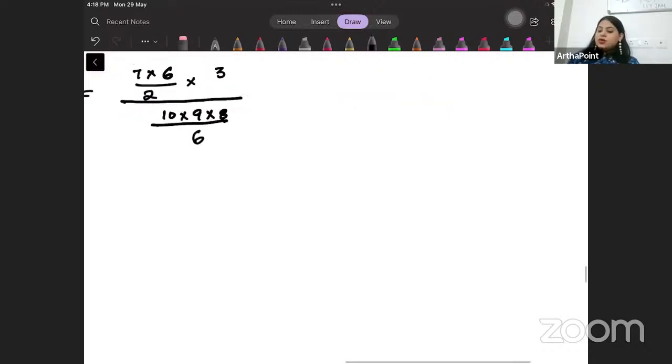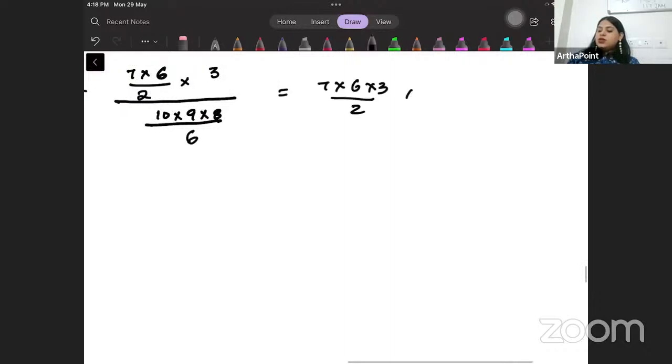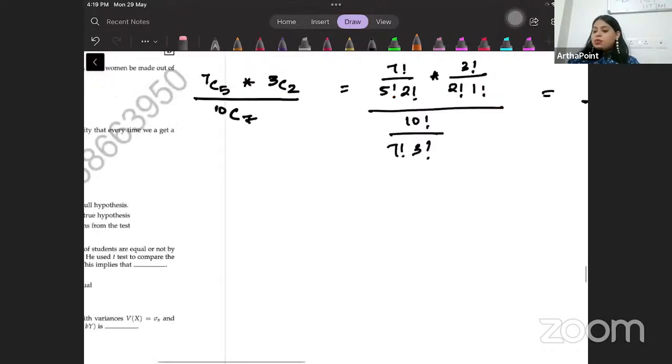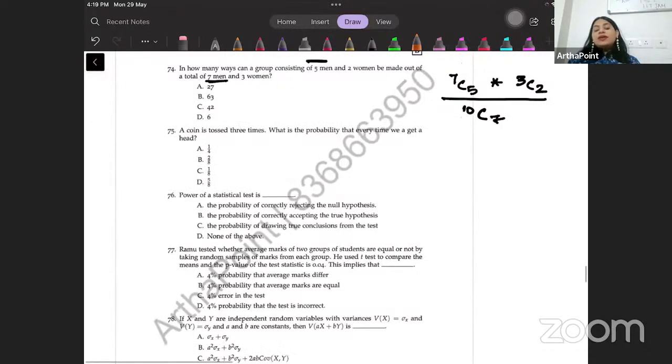This is what will happen. I'm leaving these things for you to interpret. You should be well aware of how to solve these questions better. This gets cancelled, the 3s are cancelled, the 4s are cancelled. So this will be 21 by 40. This is your probability of selection.